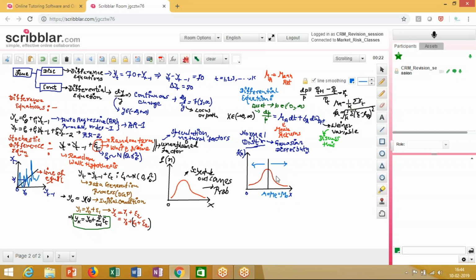The standard deviation, the sigma, is very low for this distribution. Not only that, the sigma is also a constant value. So this distribution has a constant mean and a constant variance, and the sigma is relatively low.